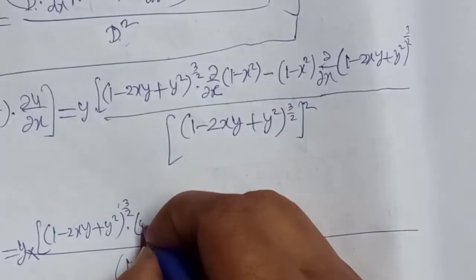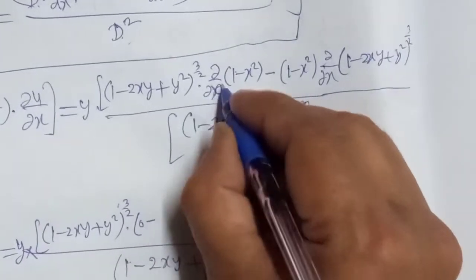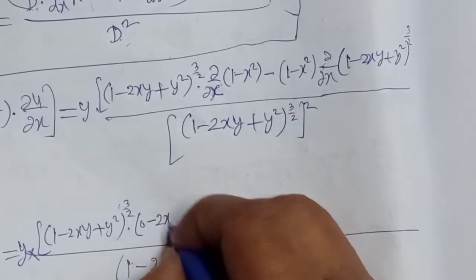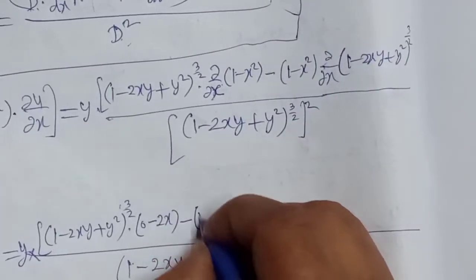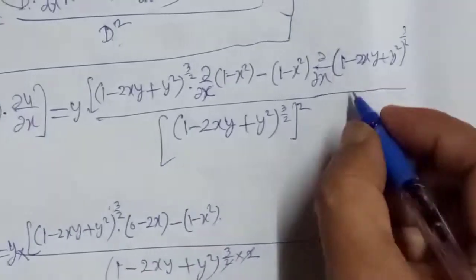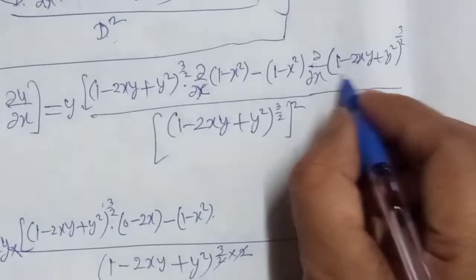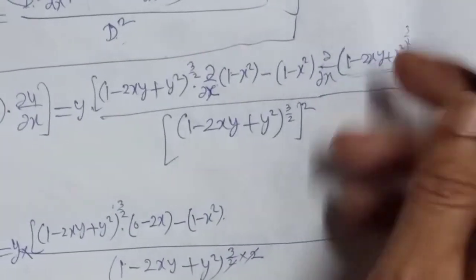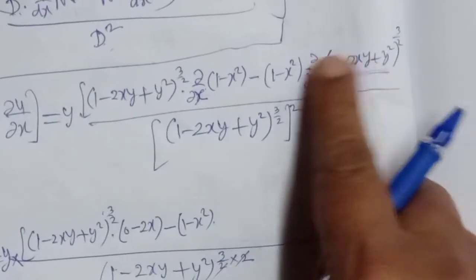Differentiation of 1 is constant with respect to x, and differentiation of x square is 2x. Minus, write 1 minus x square as it is, and differentiate this value considering it is x, as we already solved this value.